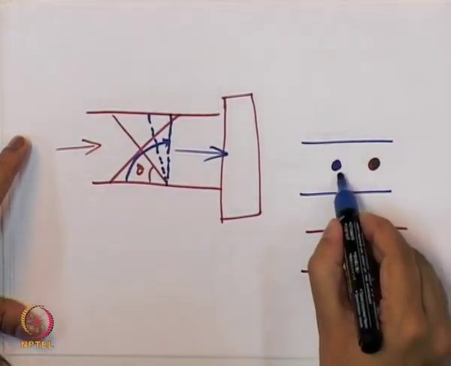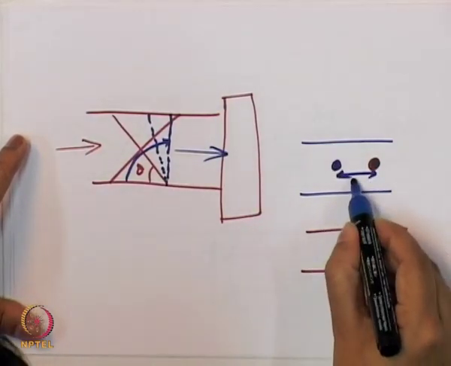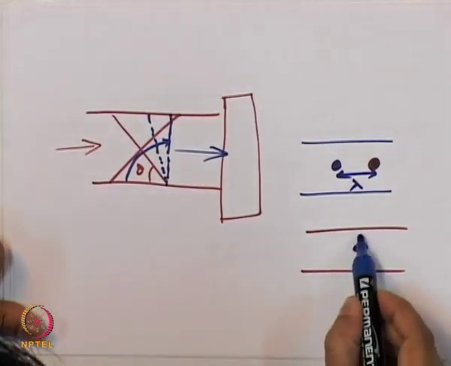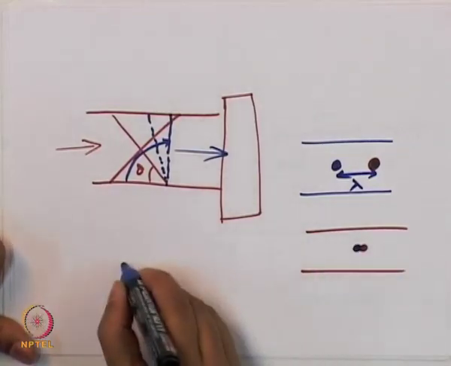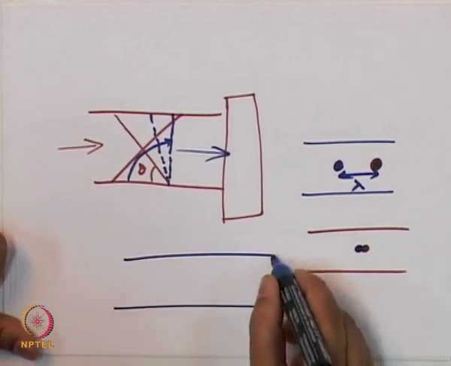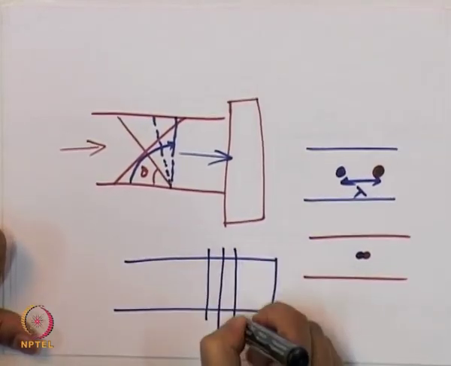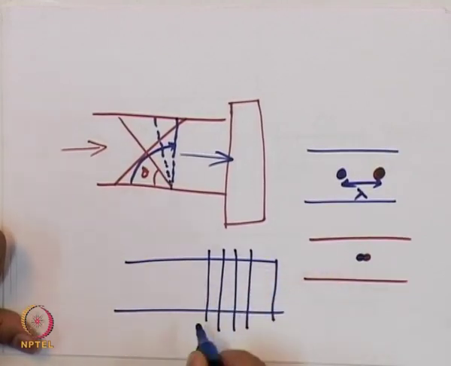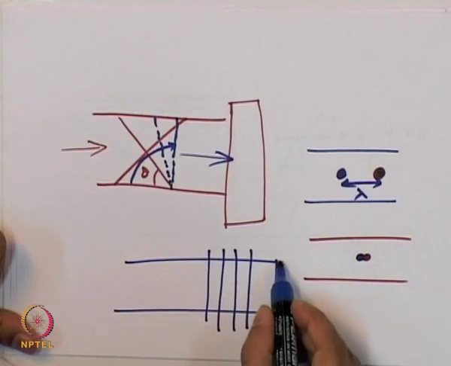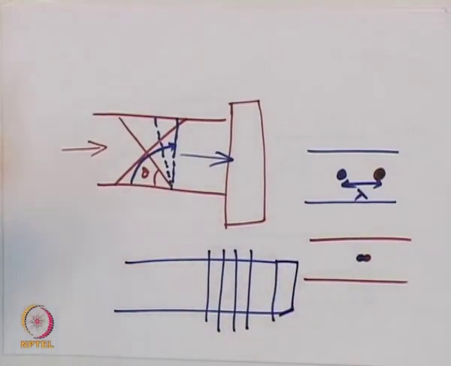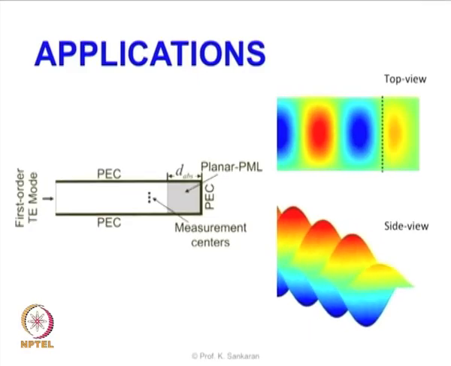So this will be the definition of lambda, and this lambda is going to go smaller and smaller. So what you will see is when frequency is quite high, you will almost see them like a plane wave. They will be like a plane wave going and hitting the PML surface, and that is what is happening in the case of this example.